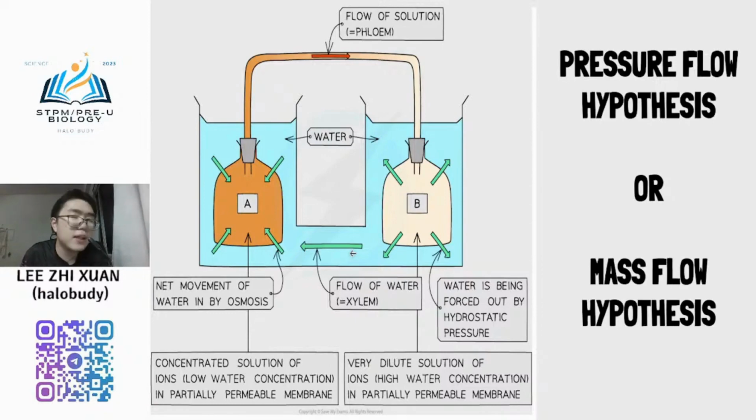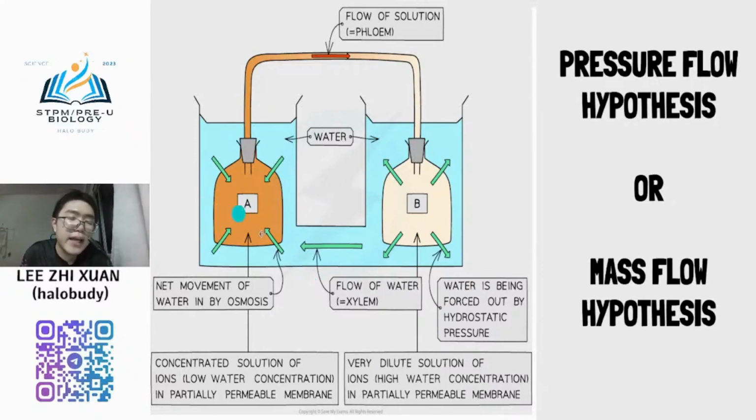Phloem tissue does not contain much water like this. So we assume the water molecules outside the surface are in the xylem vessel.